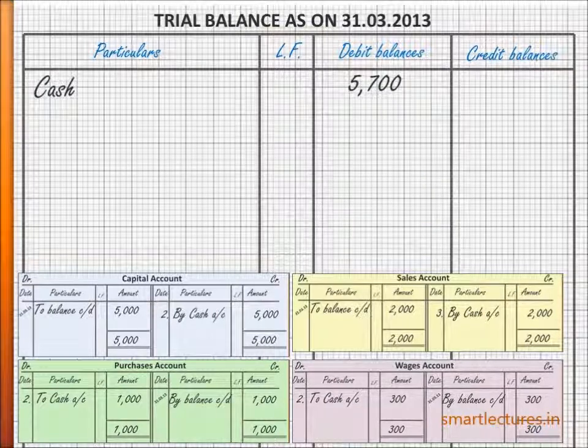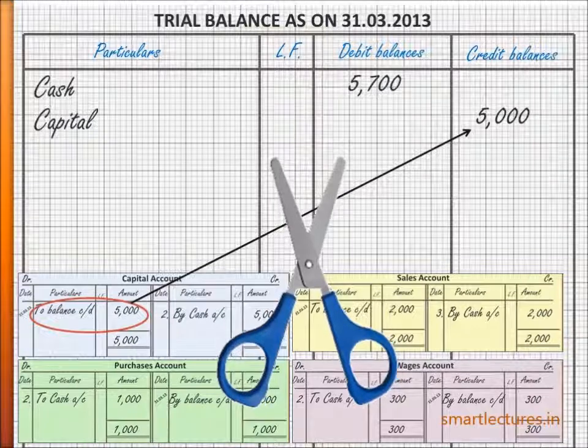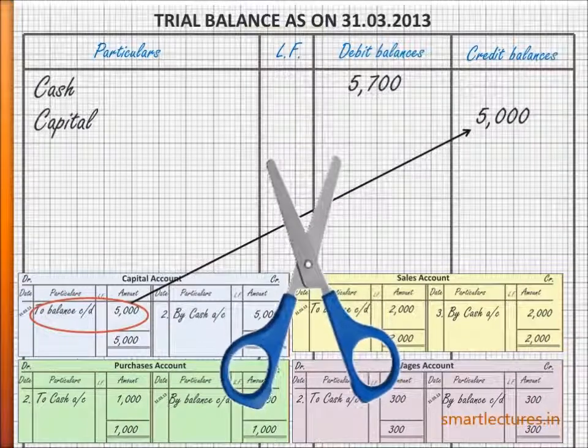So first of all, capital account CD is rupees 5,000, closing balance is rupees 5,000, so it will be taken to the credit side of trial balance because we are going to take from the debit side. You know the seizure style. If you take any closing balance from the debit side, it will be taken to the credit side of trial balance.